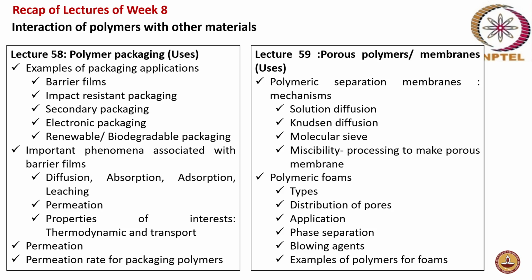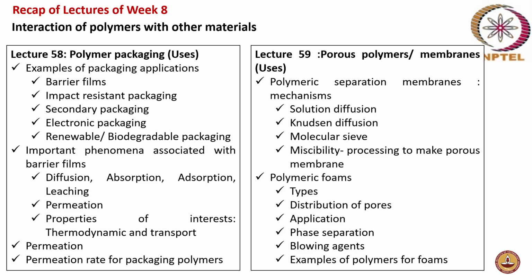Similarly, in a molecular sieve, the pores are of very small size, so that larger molecules you want to avoid are blocked, because the pore size is smaller than the molecule you want to avoid. For example, if you want to avoid oxygen passing through, you design a polymer with pore size smaller than the molecular size of oxygen, so that the oxygen molecule does not pass through and it acts as a sieve for oxygen. That is why it is called a molecular sieve.